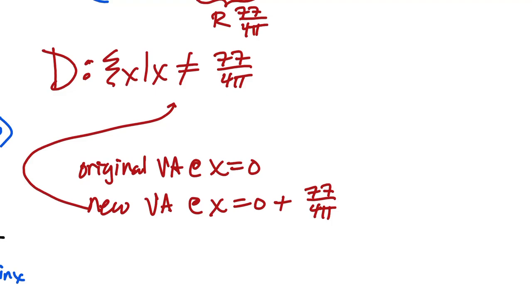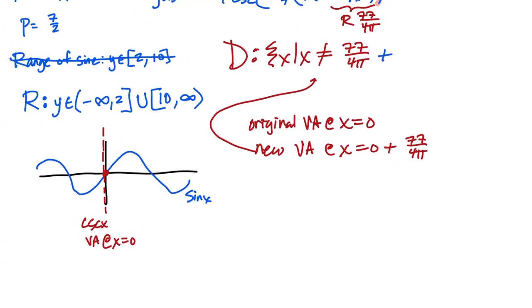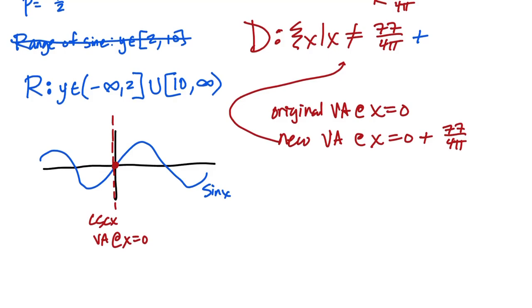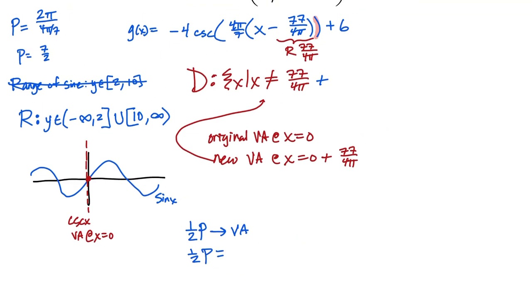I don't need the 0. And then it's going to be plus how often they occur. Well, how often do the vertical asymptotes occur for cosecant and secant if there's 2 of them per period? Every half period. Yes, every half period we have a vertical asymptote. So what is half the period if the period is 7 halves? What's half of 7 halves? 7 fourths.